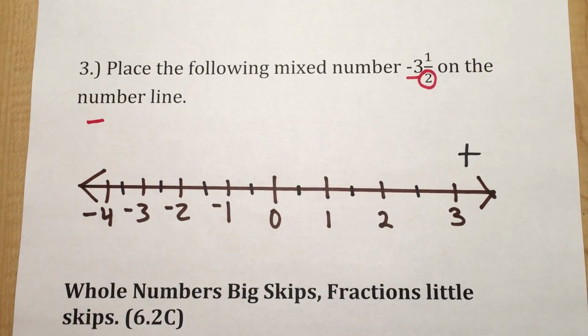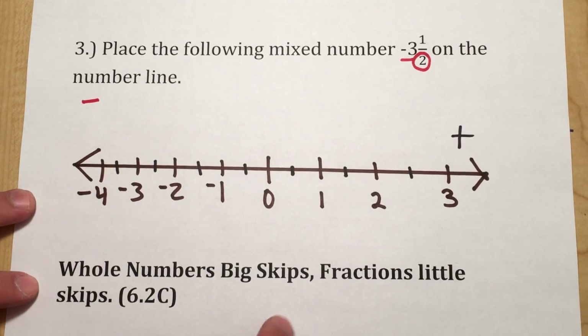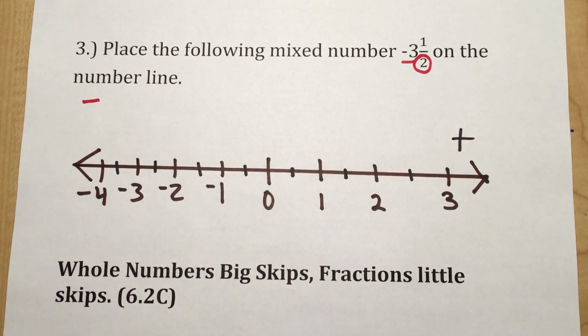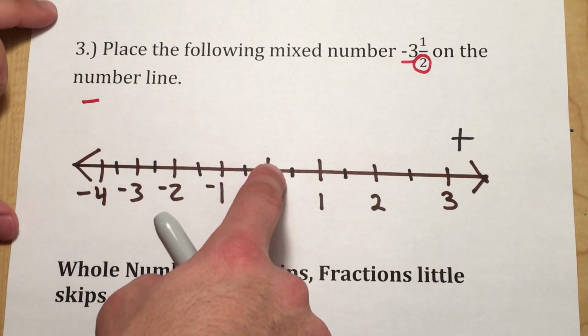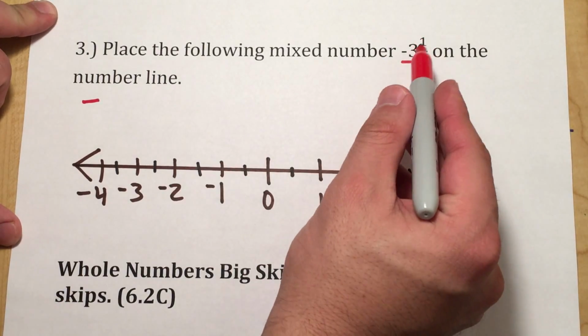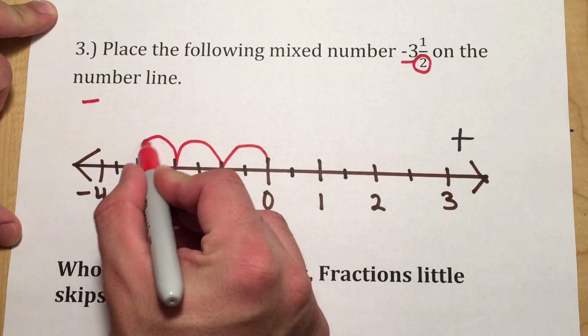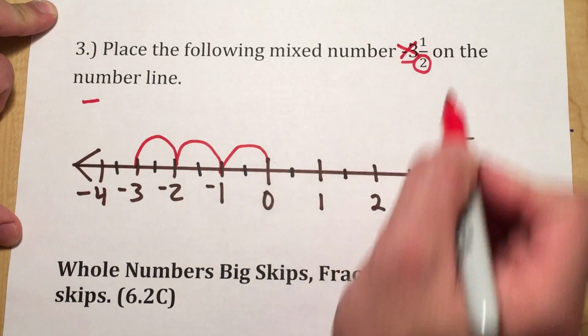So we're going to move to the left, and we're going to do some big skips first, okay? This is -3.5. We're going to start at 0 on our number line, and we're going to move 3 big skips, big skips in the whole numbers all the way to 3. So here's -1, -2, -3. So we represent -3 on the number line.